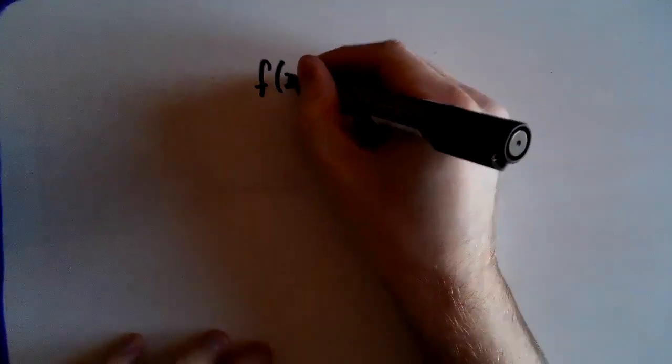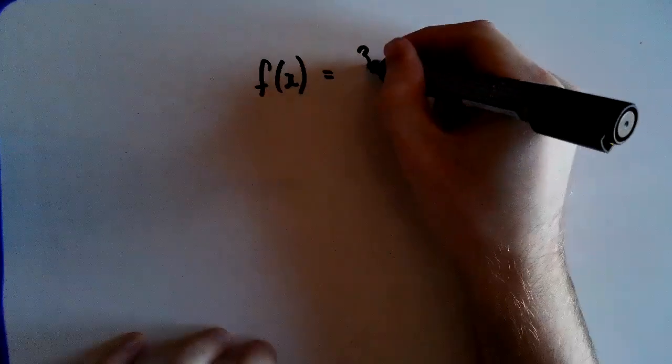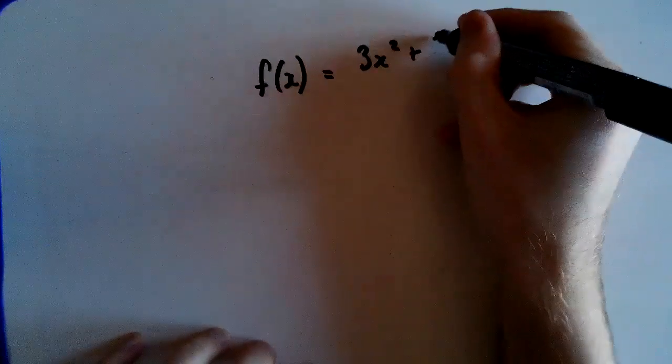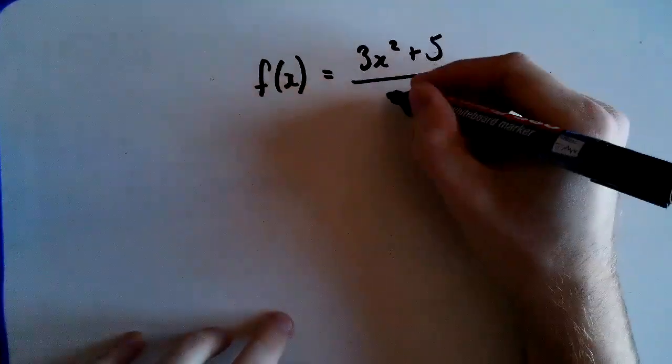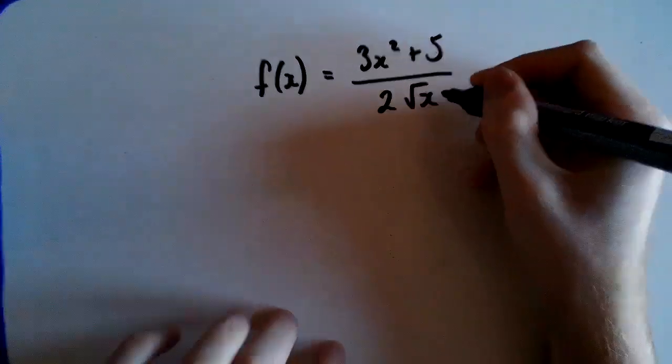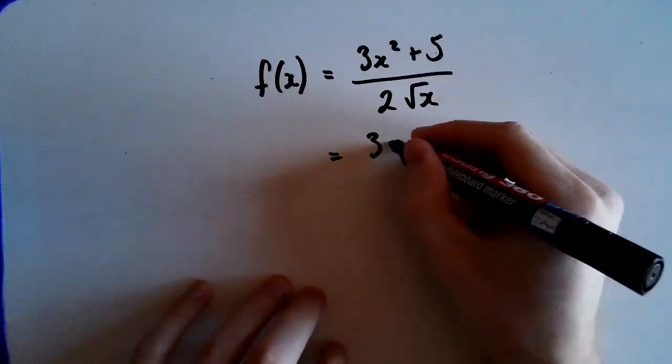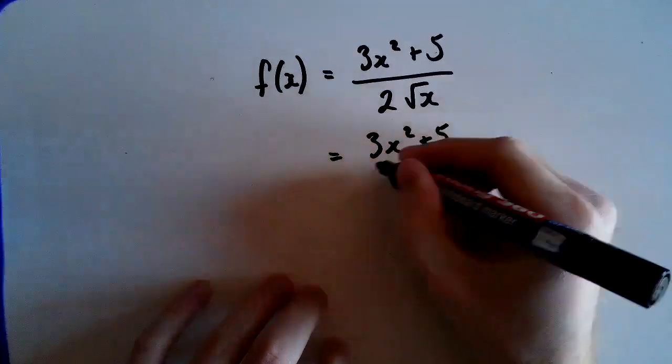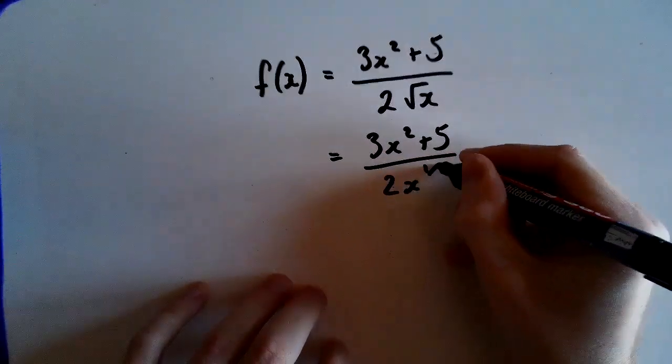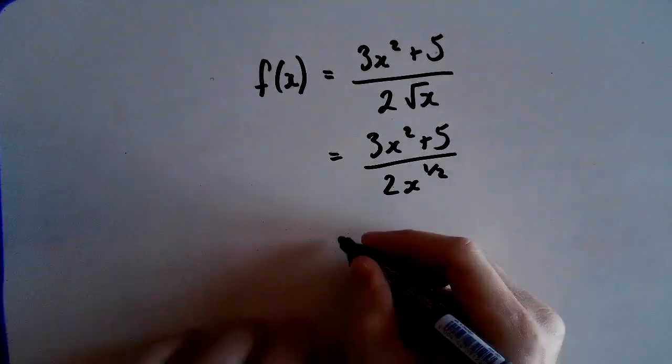Okay, lesson 3 started. So we have f of x is 3x squared plus 5 all over 2 root x. So first thing to do is rewrite the bottom. It's 2x to the half.